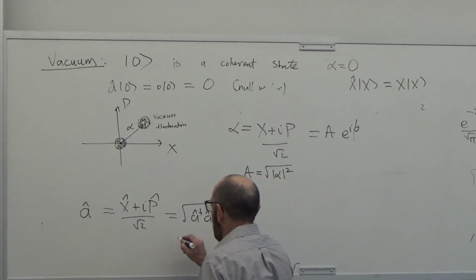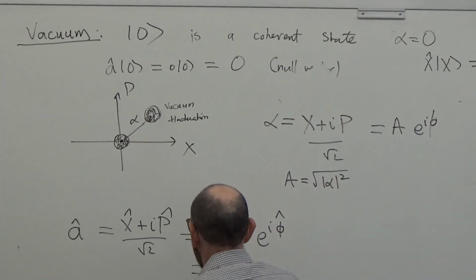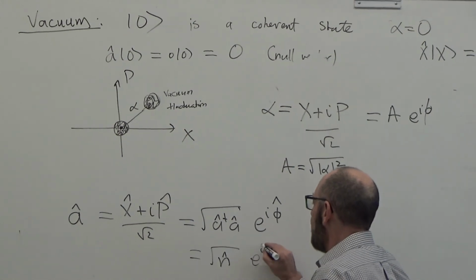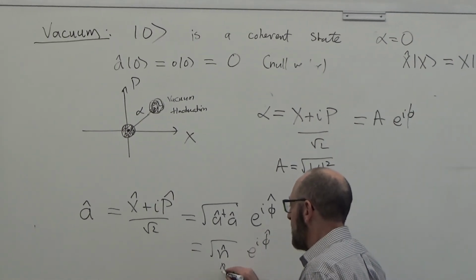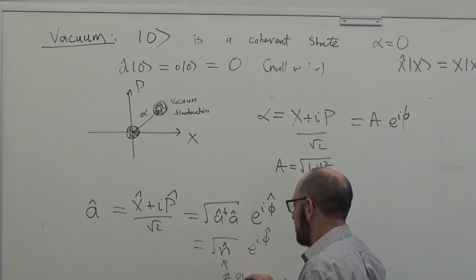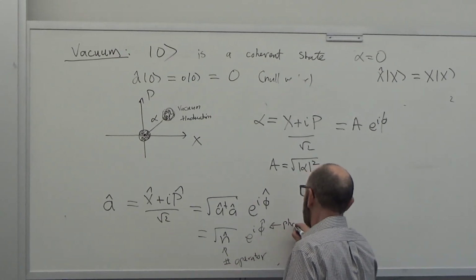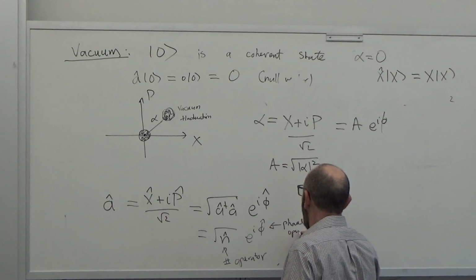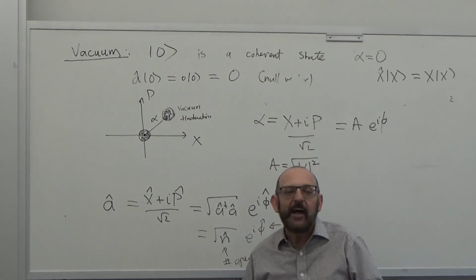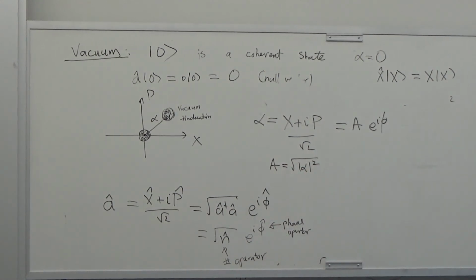This is the square root of n. And we would say then we would have a number operator and a phase operator. But there's a problem. It's true we can write down the polar decomposition of a matrix. Always.